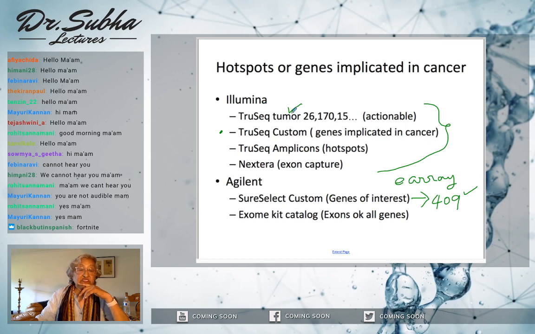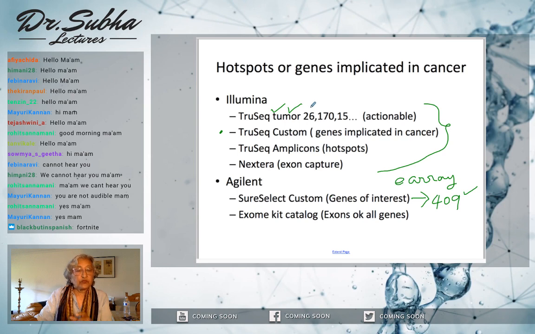This is really very interesting, and in fact, Strand Life Sciences in Bangalore use this often. This interrogates only those regions of the genome which are hotspot cancer mutations. How did they find the hotspot mutations? I will show you in a few slides that follow.